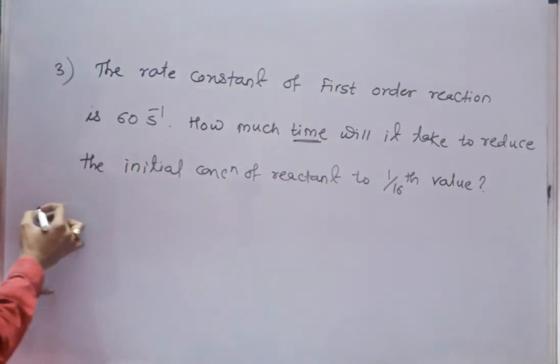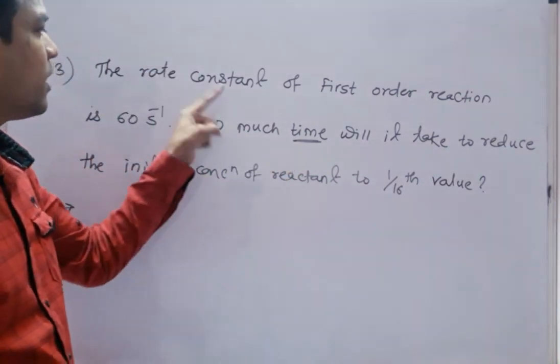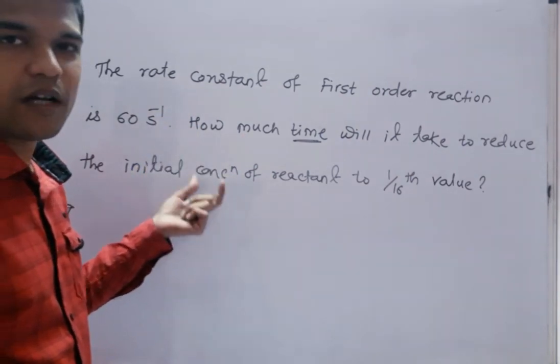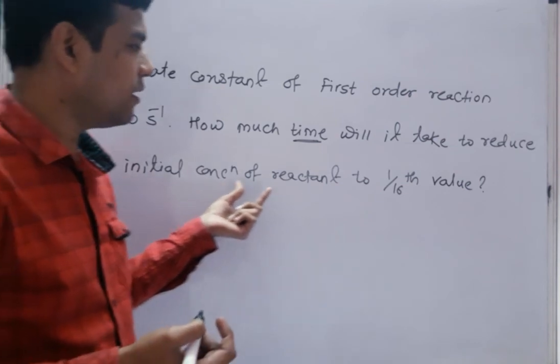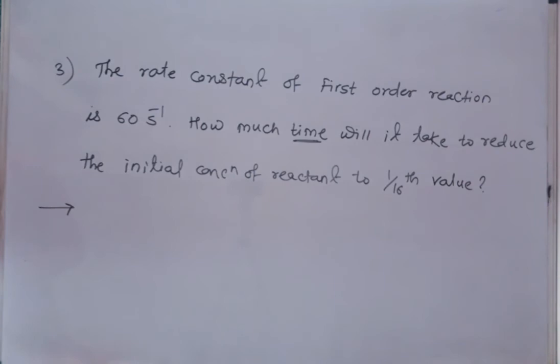Okay, here what is asked? Time is asked. Here rate constant is given, time is asked and A 0 अगर 1 लेते हैं आप तो A t आपको लेना है 1/16. Okay, so what will be the formula?